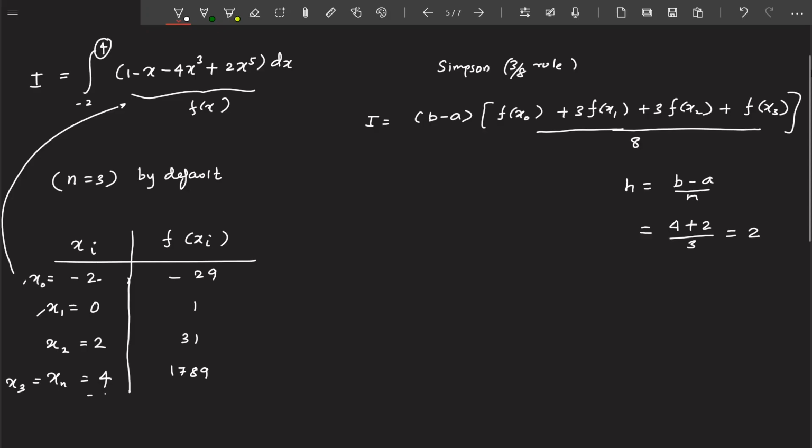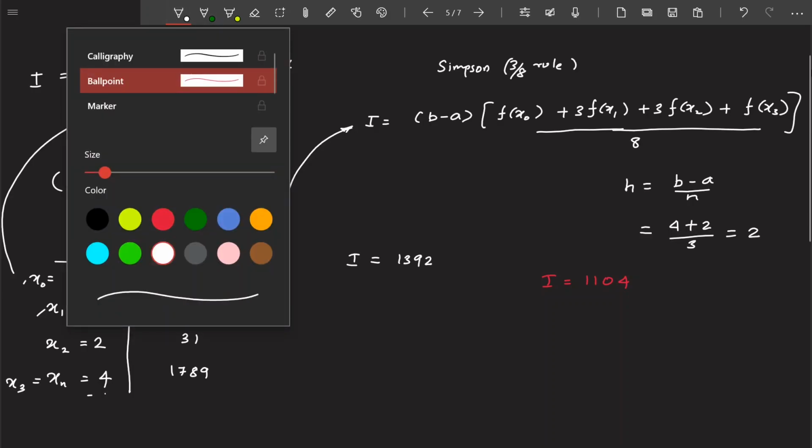So once you substitute these values in this equation, value of f(x0), f(x1), f(x2), f(x3), you get the value of I as 1392. Okay, and we know that the analytical value is how much? Analytical value is 1104, and this is the value that we have got using Simpson 3/8 rule.